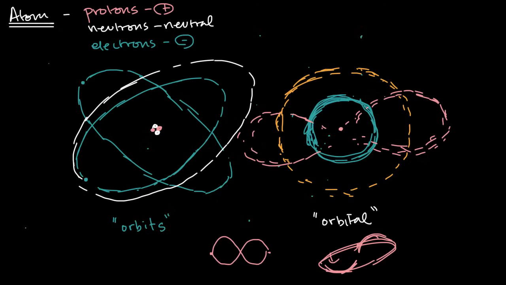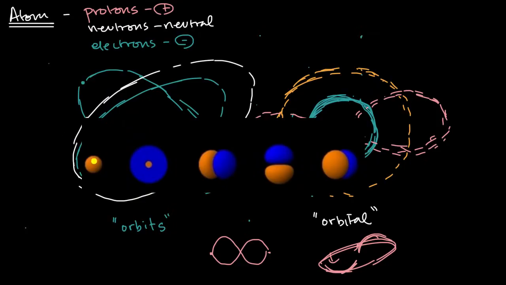Just to imagine what some of the first orbitals look like rendered by a computer, you see it right over here. If you have your lowest energy electron, you are in what is called an s orbital. This one we would call 1s, because it is at the first shell, the one closest to the nucleus.